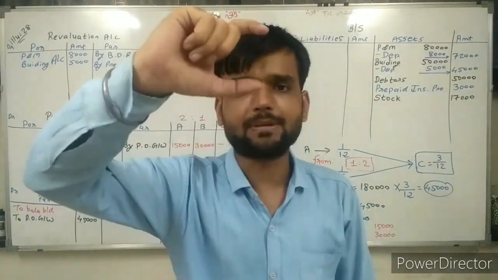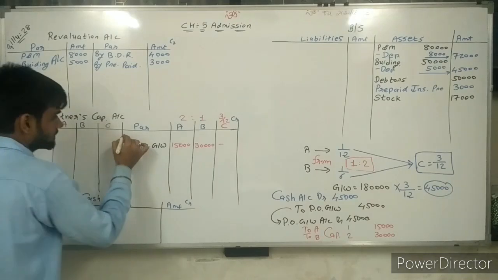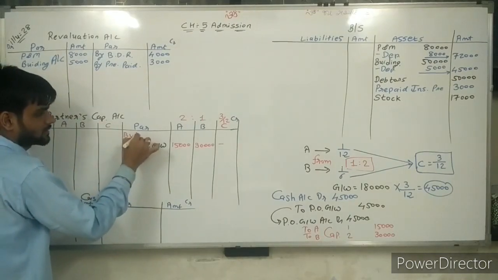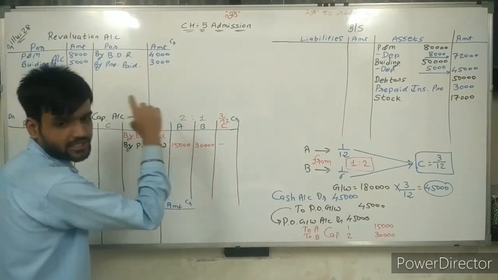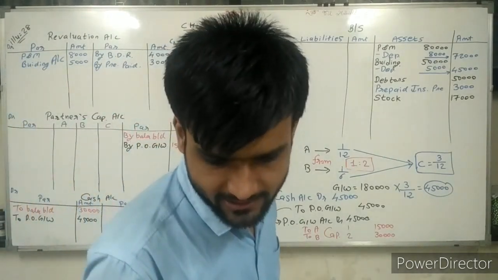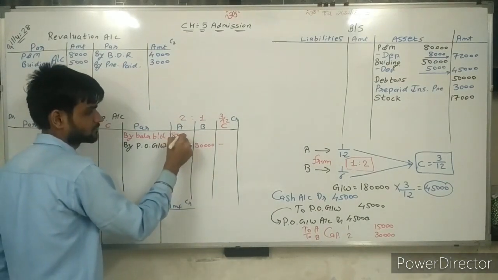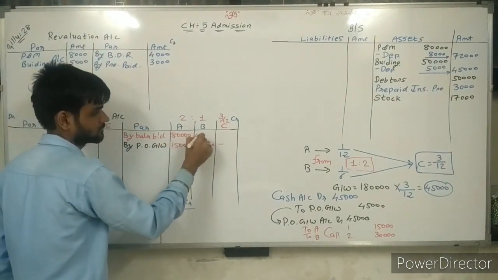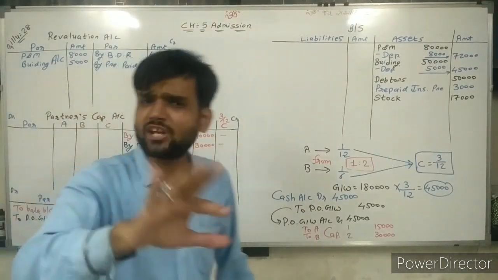In the liability side, capital of A and B is given. So again, by balance brought down, capital of A and B. Sir, A and B capital is 80,000 and 40,000.